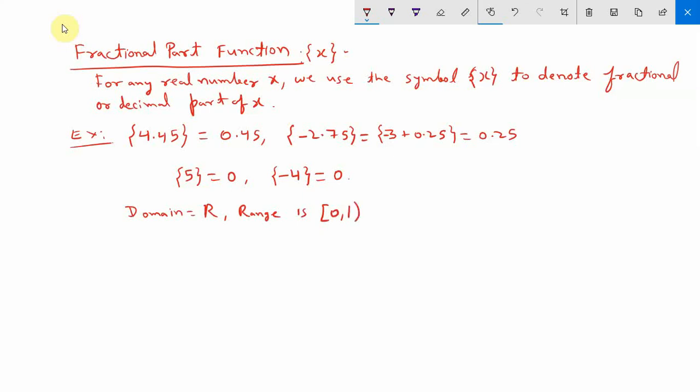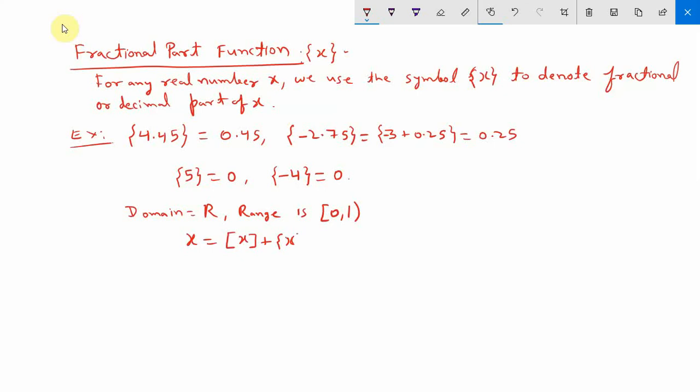It can be equal to 0 but less than 1. Okay, and by definition, it denotes only the fractional or decimal part of x. So we can write x equal to greatest integer function of x plus fractional part of x.